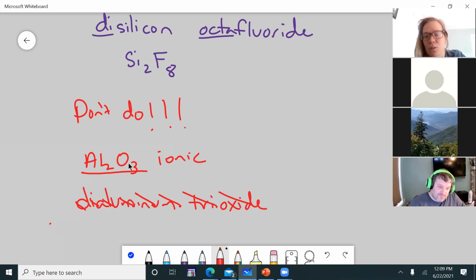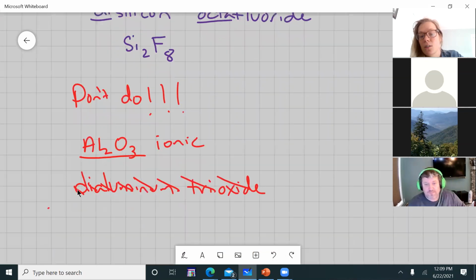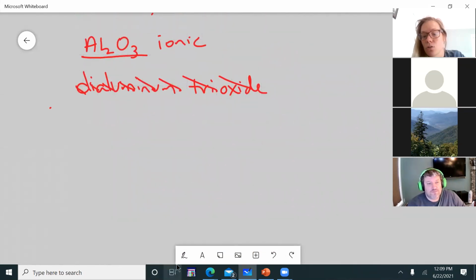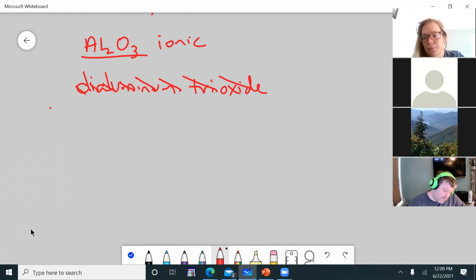They see that, they go, oh yeah, there's 2 aluminums and 3 oxygens, dialuminum trioxide. Don't do it, okay? Don't fall for it. If it's a metal and a non-metal, work on the flip-flop charge thing. If it's 2 non-metals, that's when you get to go the easy route and use just prefixes. So it gets much more troublesome when everything gets jumbled together.